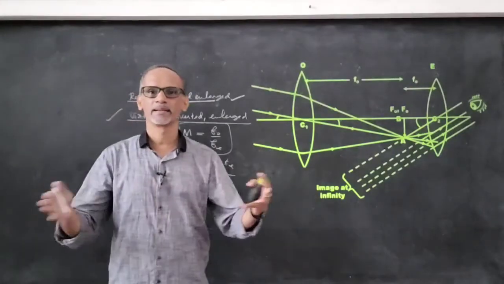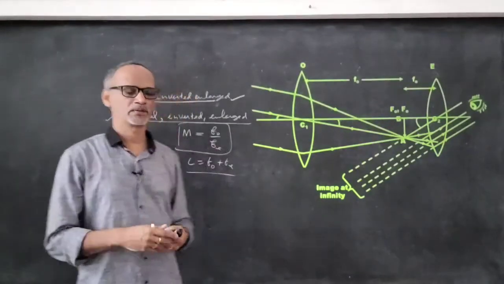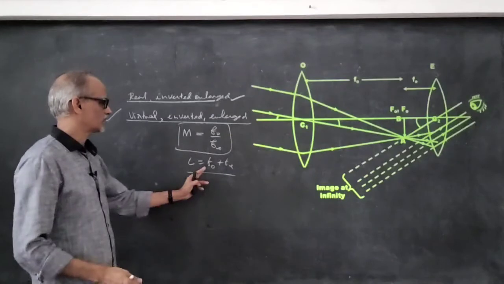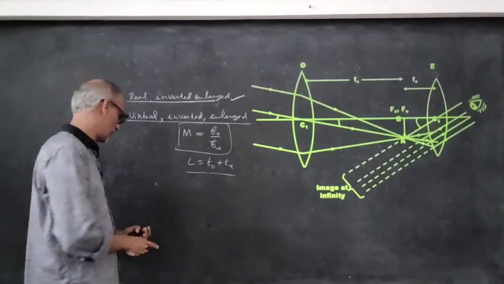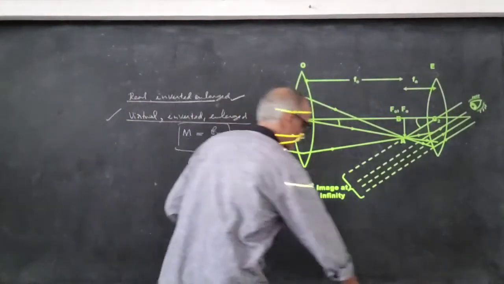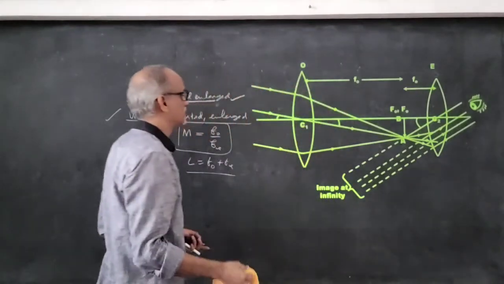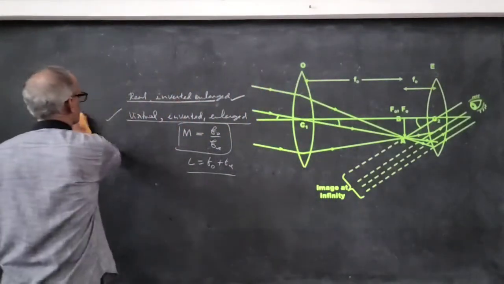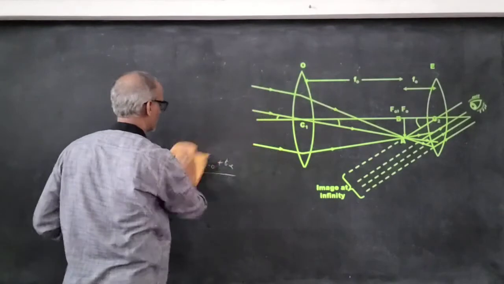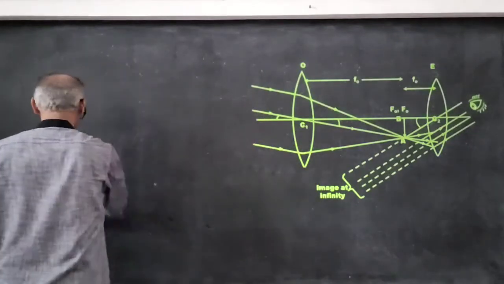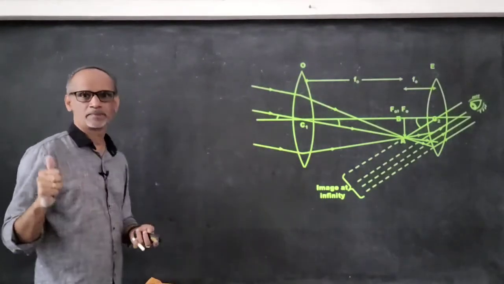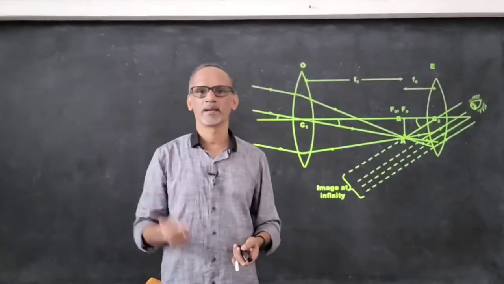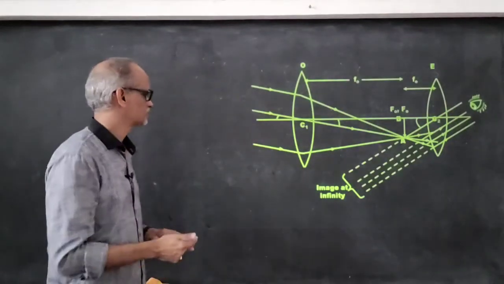So, when you add, you will get the length of the telescope. Therefore, the length of the telescope depends on the focal length of the objective and the focal length of the eyepiece. So, this is the next instrument, which is astronomical telescope. Nature of the image is virtual, inverted, and enlarged.